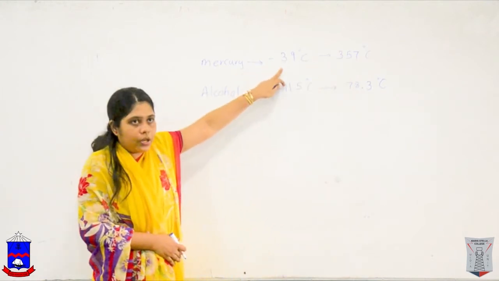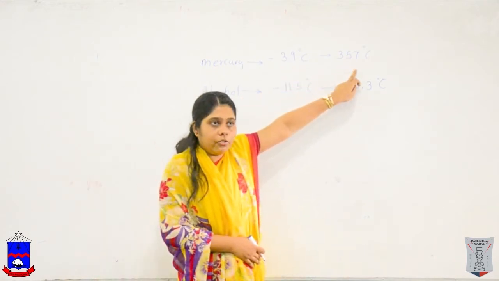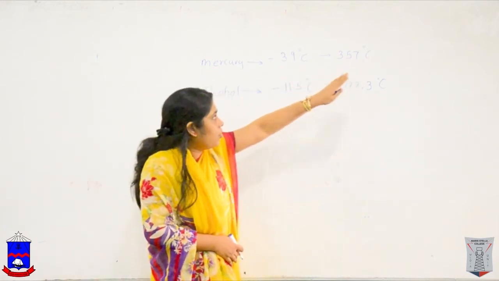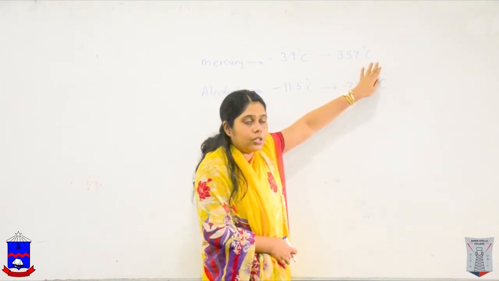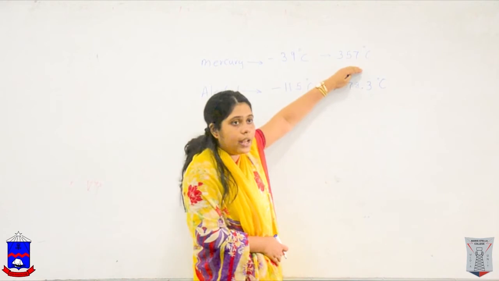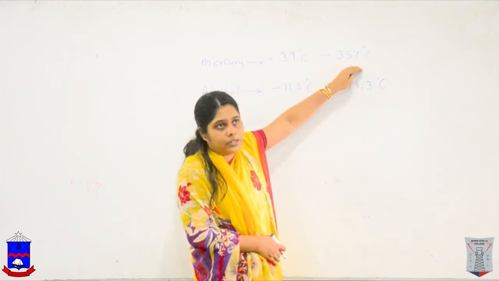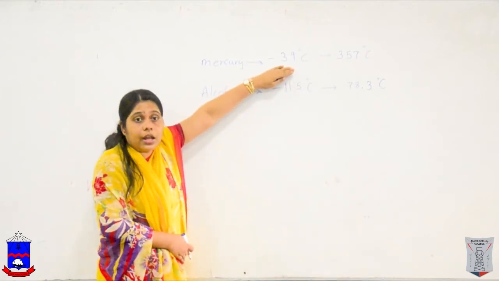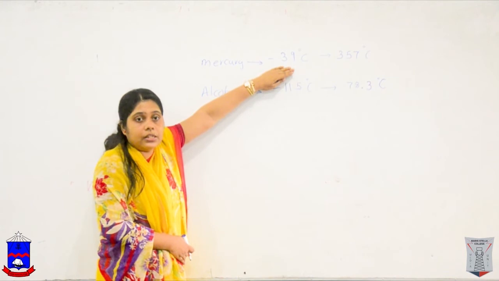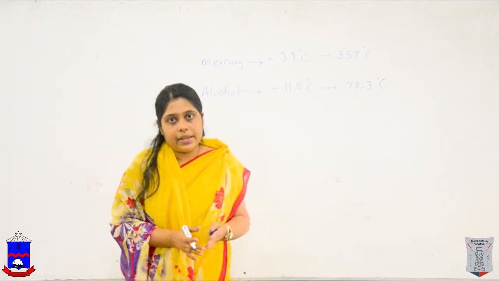This is the melting point of mercury, minus 39, and this is the boiling point of mercury, 357 degrees Celsius. Temperatures above this value cannot be measured by the glass mercury thermometer, and temperatures below the lower value also cannot be measured, as the mercury is not a liquid at those temperatures.